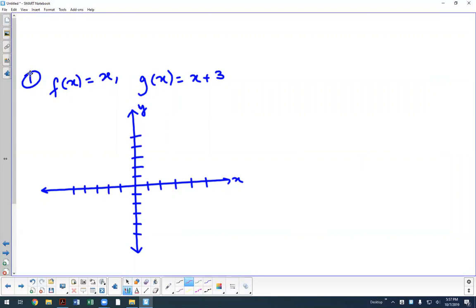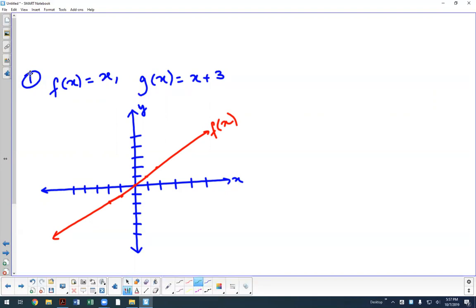For our first function, we had 0, 0, 1, 1, 2, 2, and then -1, -1, -2, -2. That would be our f of x function, right? Y equals x.